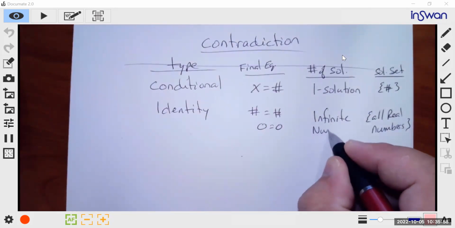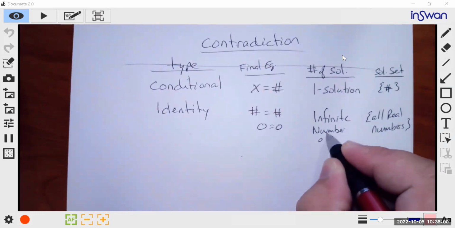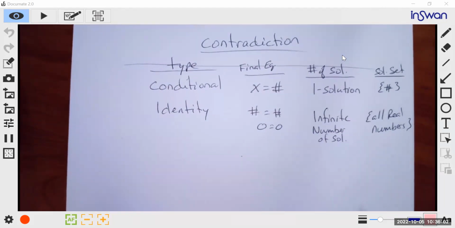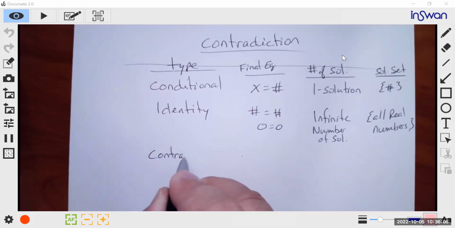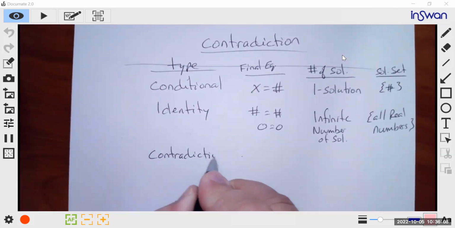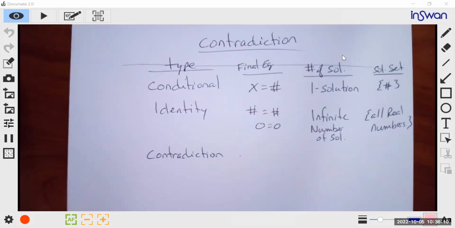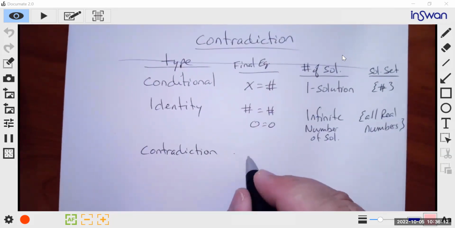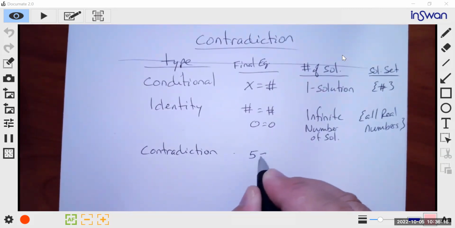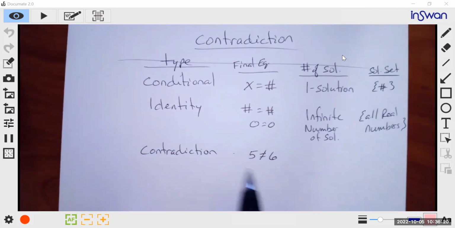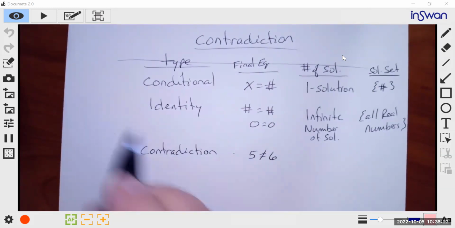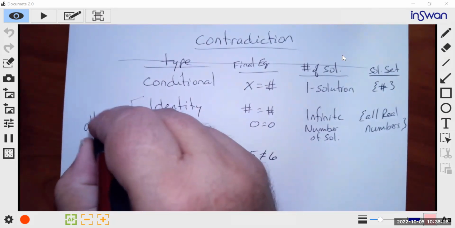Infinite number of solutions. And the last one is called a contradiction. That's when you get things that don't equal each other at the end. Notice there's no more x's. The x's are gone with both of these.